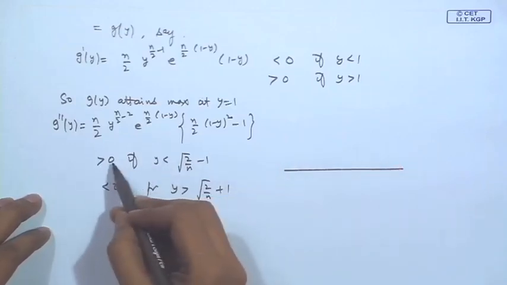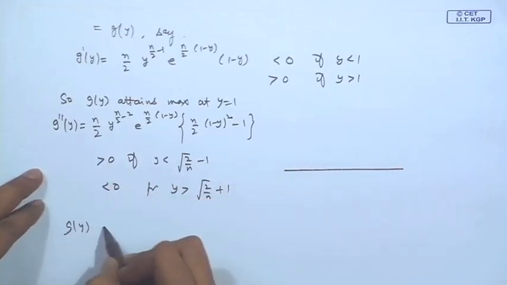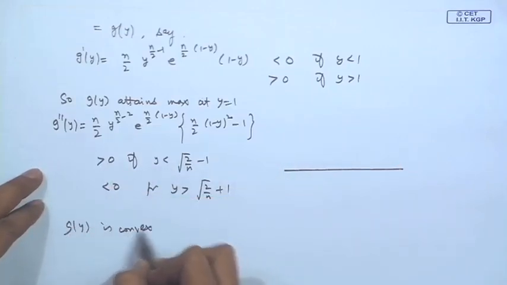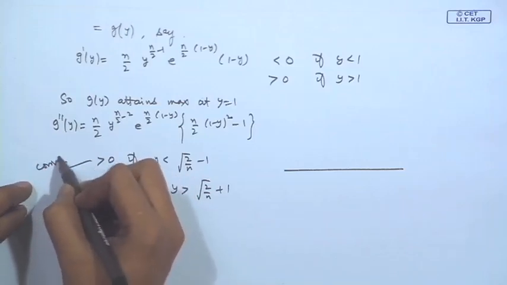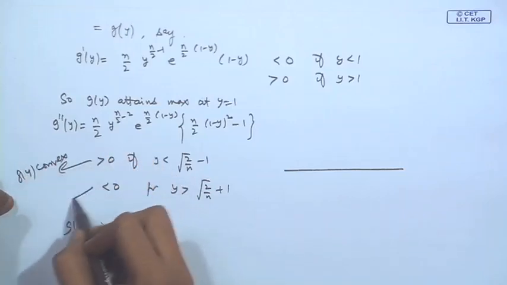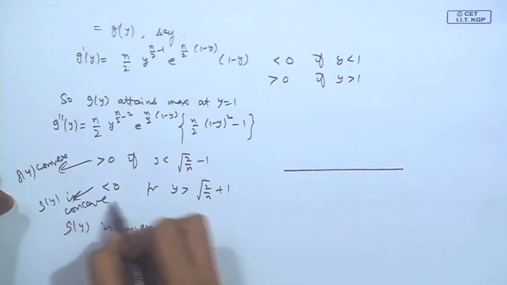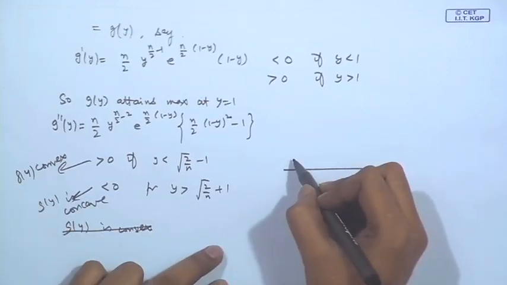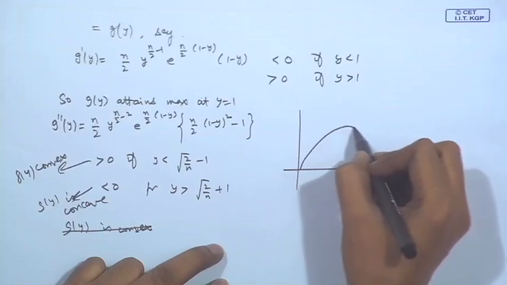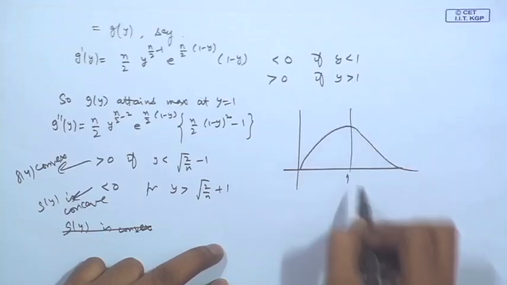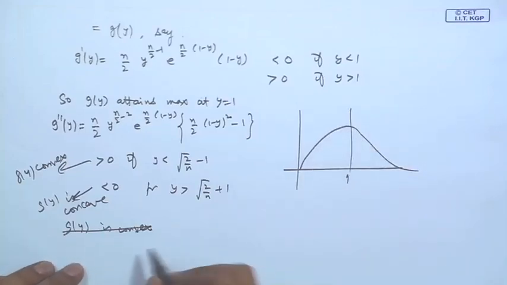So, g y is convex in this region, and in this region g y is concave. The shape is something like this, this is 1.